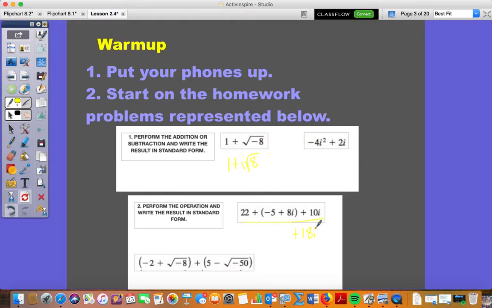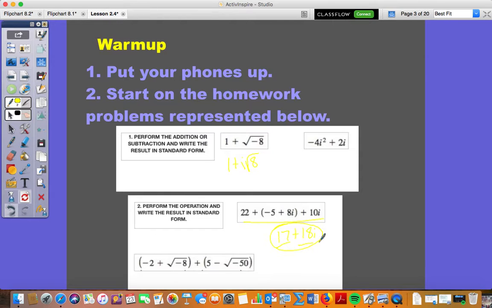And what would be the other part? 22 and negative 5? Good. So literally that would be my simplified version, right? Now in standard form, we'll talk about this in a second, Elijah, but in standard form, we'll always put the whole number and then my imaginary, right? So that's the form we use.